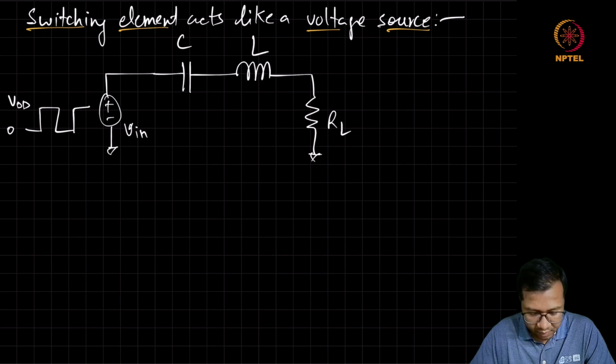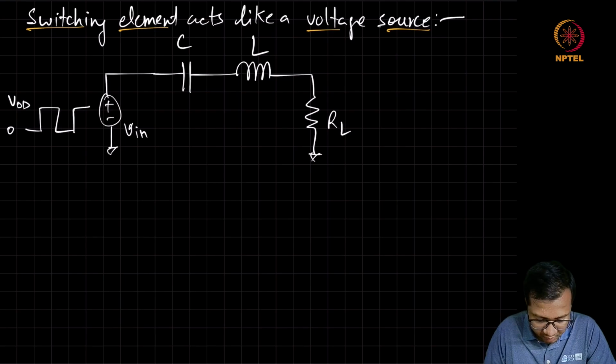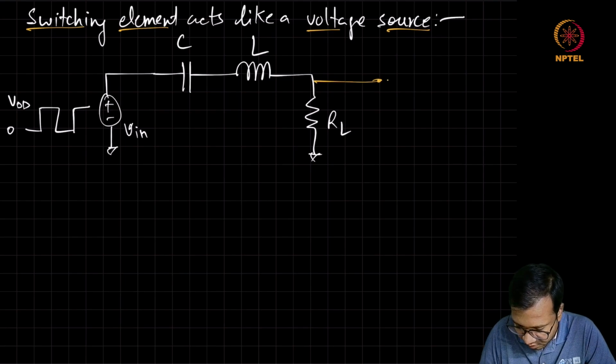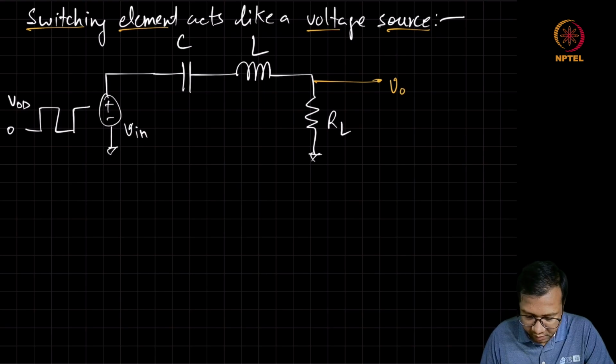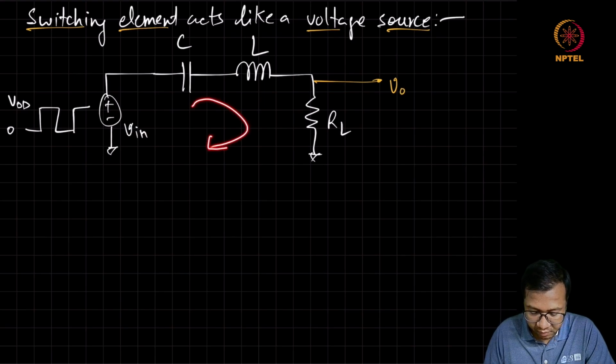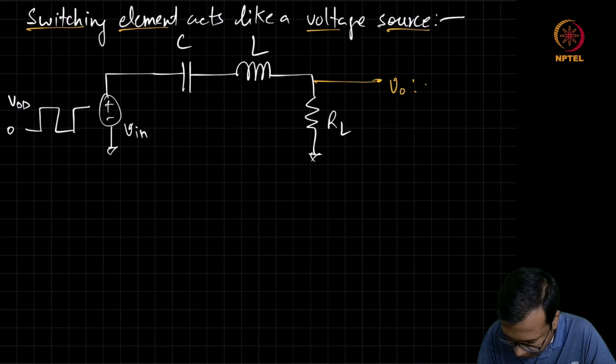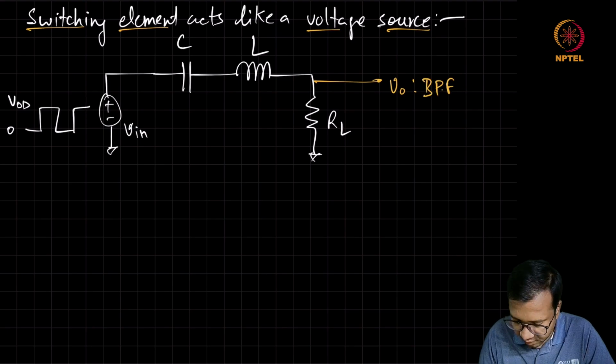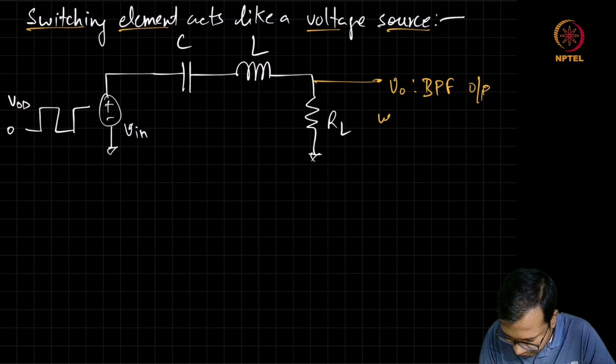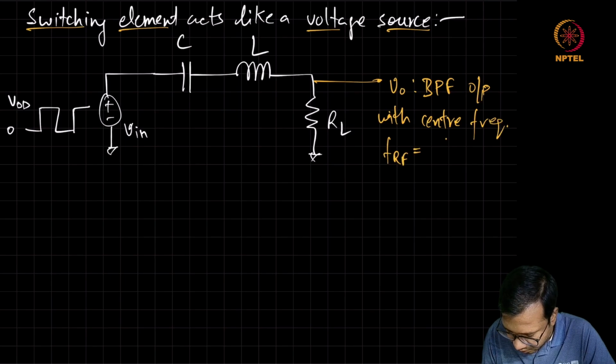When it passes through the series LCR circuit, then taking the output across the RL will result in a sinusoidal output, because this LCR circuit is going to look like a band pass filter, with center frequency f_RF equal to 1 by 2 pi root over LC.